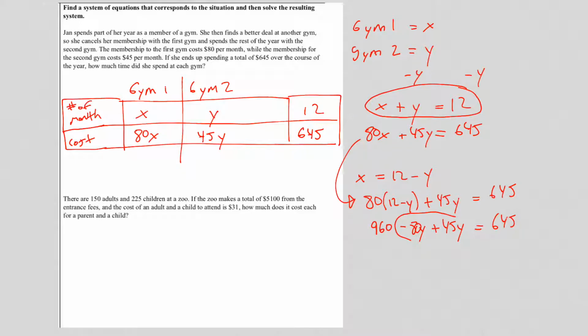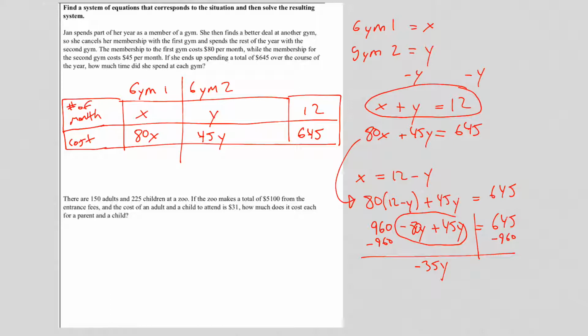So from here, I have minus 80 and plus 45, which gives us minus 35y. And then I subtract 960 from both sides. And I just start using my calculator.